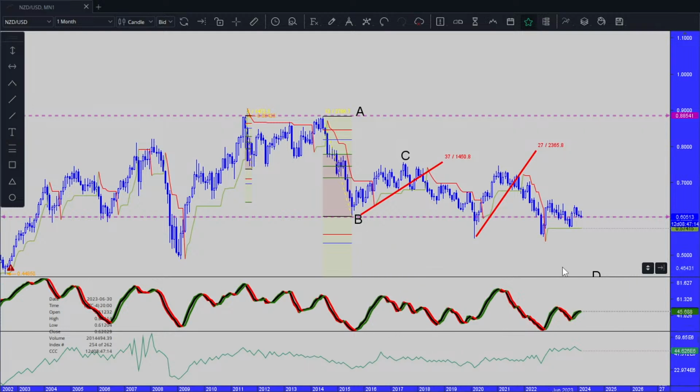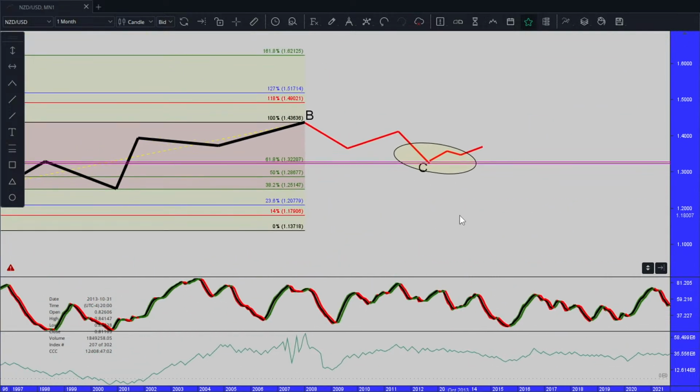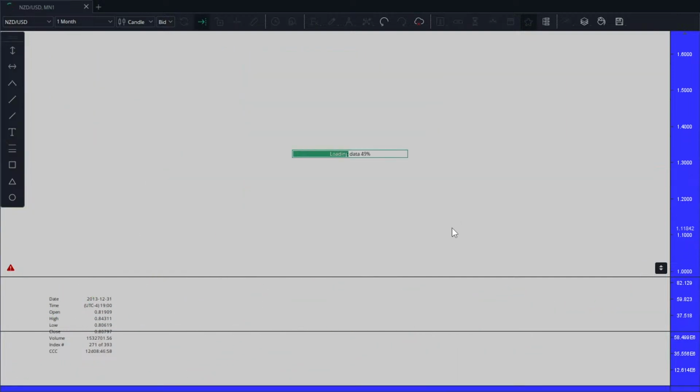Don't mix your trade, don't mix your strategy with the probability of Fibonacci as a tradable pattern. Does this make sense?